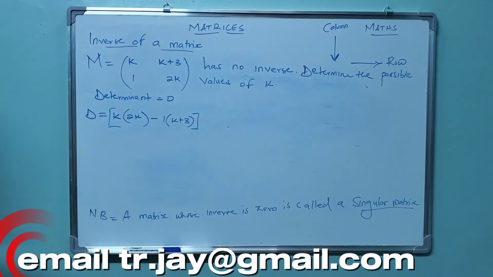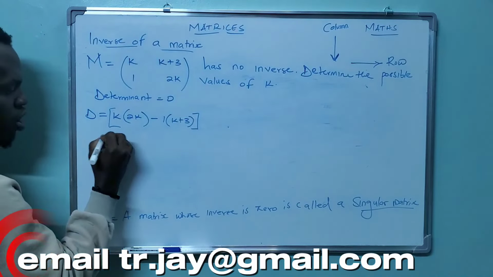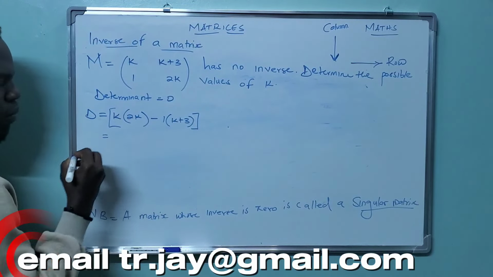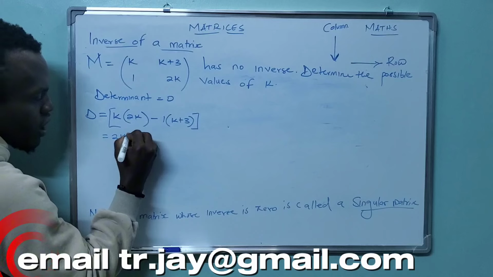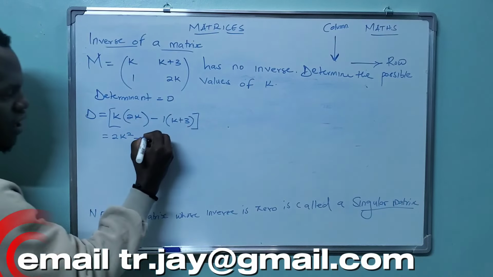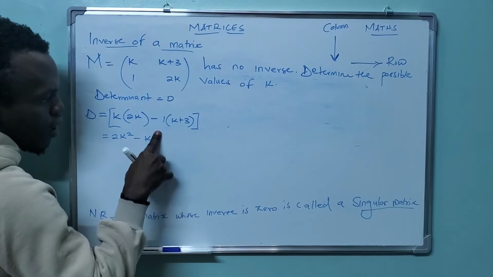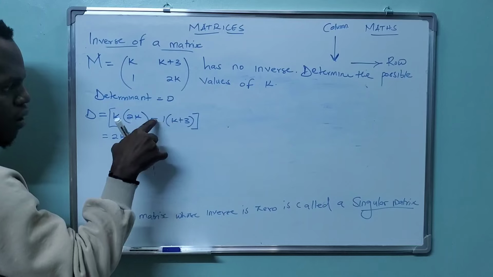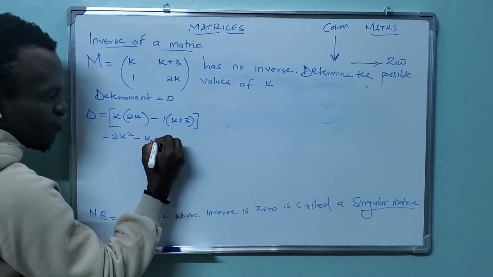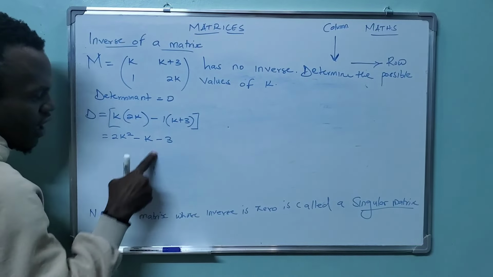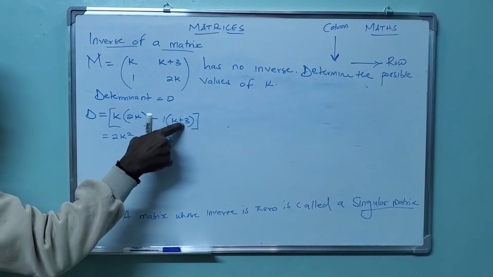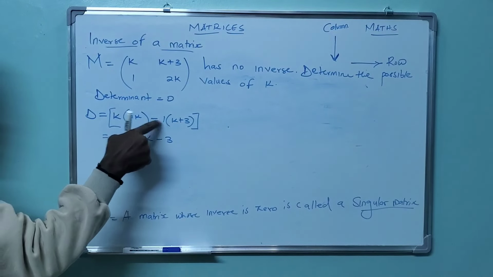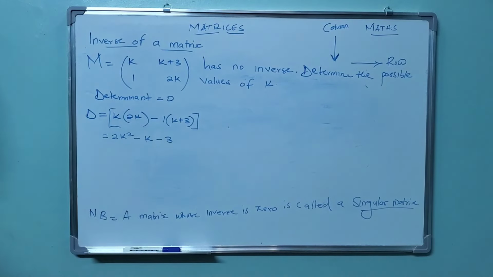That is how we get the expression for the determinant, which means I'm going to have K multiplied by 2K, that is 2K squared, minus K, minus negative 3. So instead of having a positive, we are going to have a negative, because this negative multiplied by this positive is going to give you a negative.